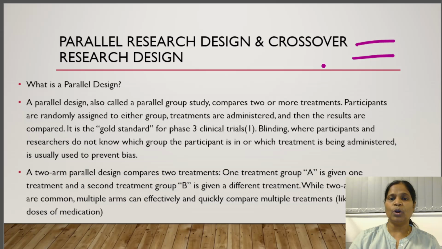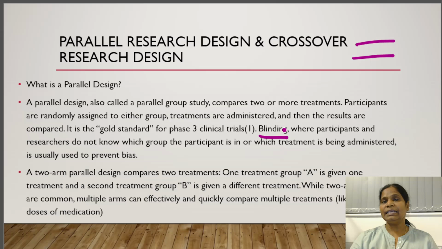There is something called blinding, which means that till the last moment, neither the researcher nor the participant knows who the sample is, what they are being treated with, or which group they belong to.